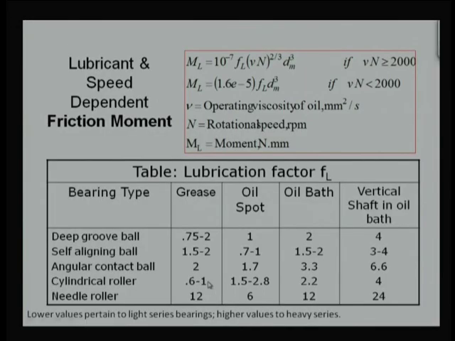And if you want to retain the same load carrying capacity, the dimension of the needle rollers will decrease, and that is going to save space, which is the main advantage of the needle roller bearing. Needle roller bearings are required whenever there is a space constraint in the radial direction. However, this is going to cause friction. We are able to save space, but we are going to lose energy.